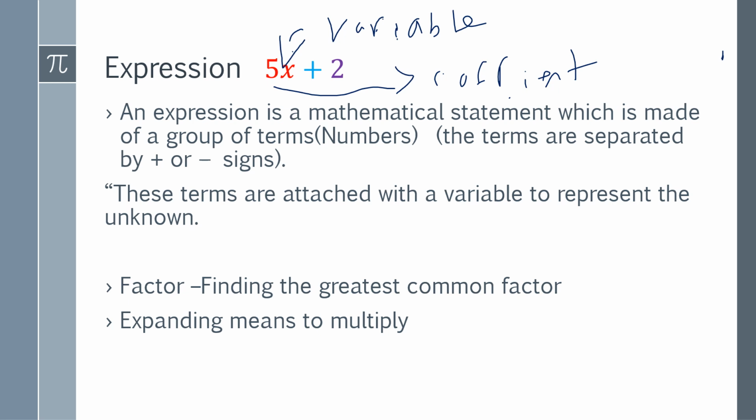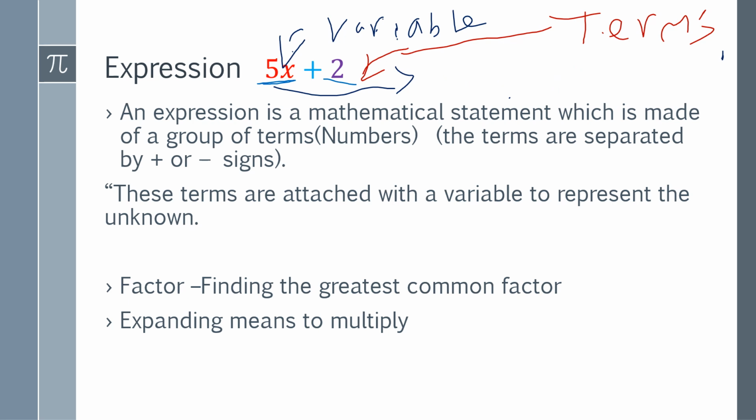And any numbers that are separated by operations, such as this 5x and this 2, you call those terms, because they are numbers that are separated with an operation. This operation in this case is a plus sign. And again, I do apologize about my handwriting, so I will write coefficient a little bit better. There we go.